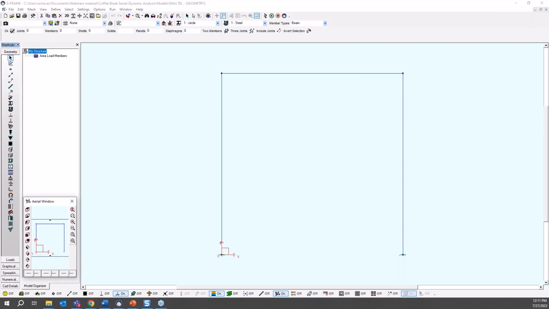With that said, what we have is a total of 6 degrees of freedom for each one of these joints over here, except for the supports that are fully fixed, as you can see. So those degrees of freedom would be translation about the X, Y, and Z axis, and rotation about the X, Y, and Z axis as well. This for each one of these joints.